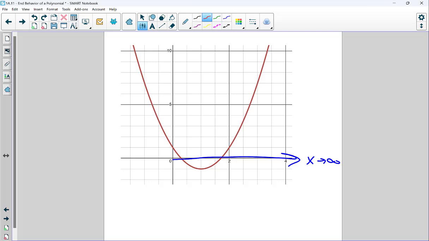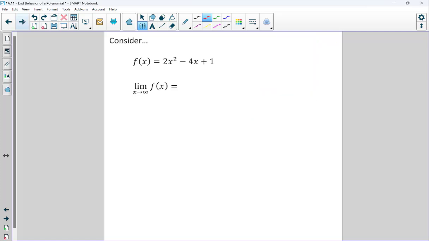The function is the graph right here. So as the graph goes to the right forever, I want to know where is f of x going? Well, since as we go to the right forever, the graph is going up, f of x is also going to infinity. So I would say that the limit as x approaches infinity of f of x is infinity.